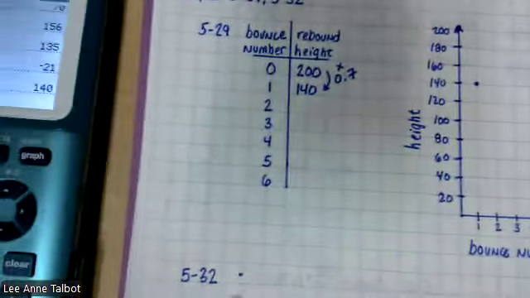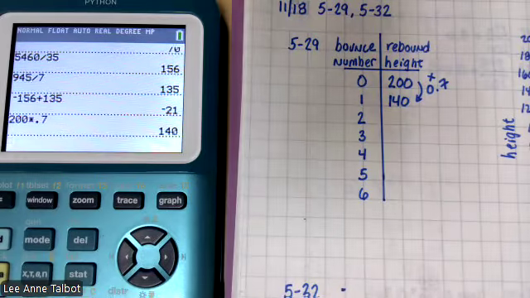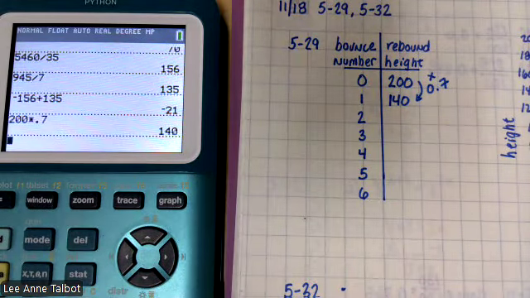Now what I want you to do is take your calculator and keep multiplying by 0.7. Fill in the rest of the table.